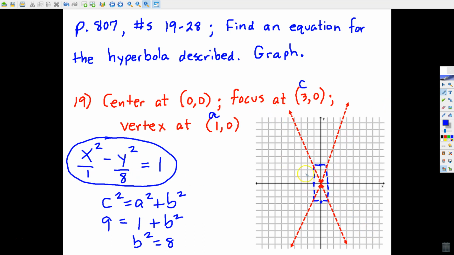They should open to the left and to the right. And vertices are where our parabolas cross. All right, so I'll just keep it in red. I'm going to draw a parabola that crosses through 1, 0.